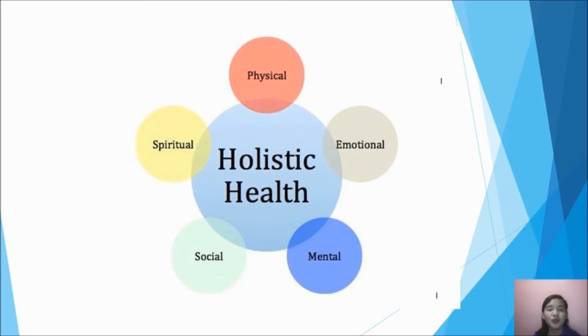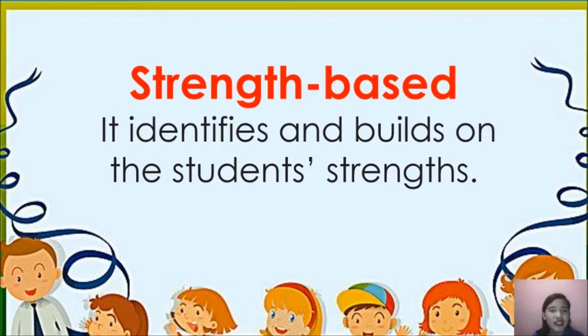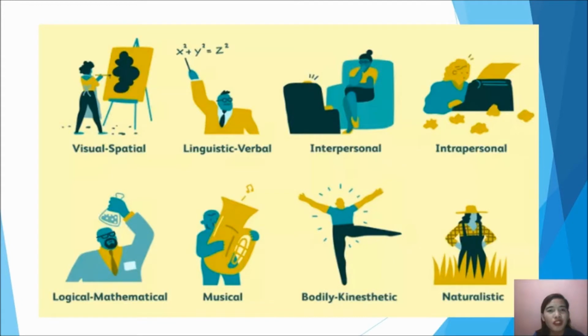That's why we need to empower our learners or pupils in different dimensions such as the physical, emotional, mental, social, and spiritual. The next one is strength-based. It identifies and builds on the student's strengths. Based on multiple intelligences by Howard Gardner, we have different intelligences and our unique styles of learning. And we need to encourage our learners and empower them based on their strengths.